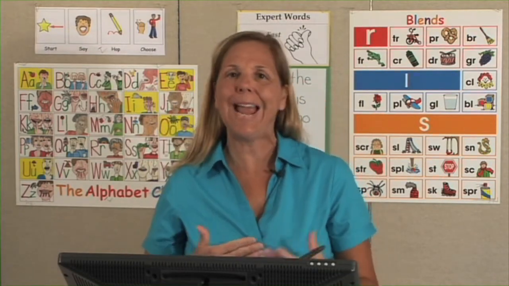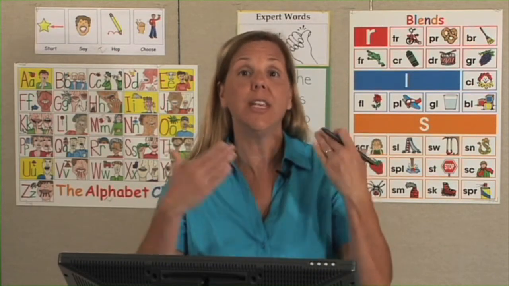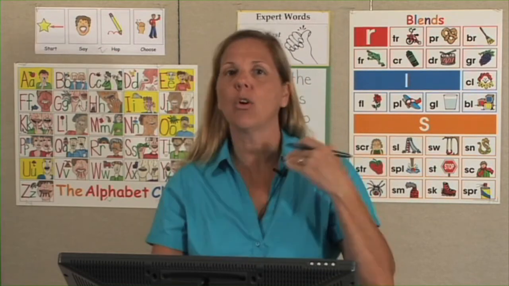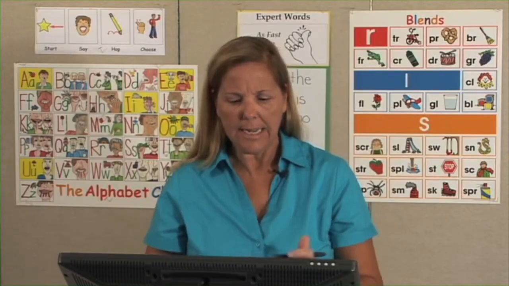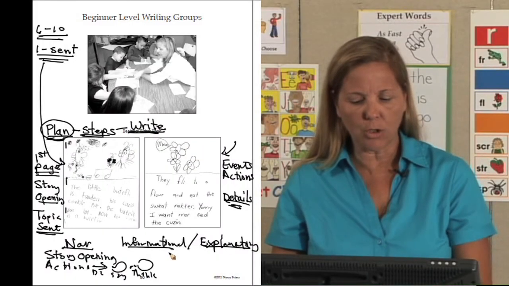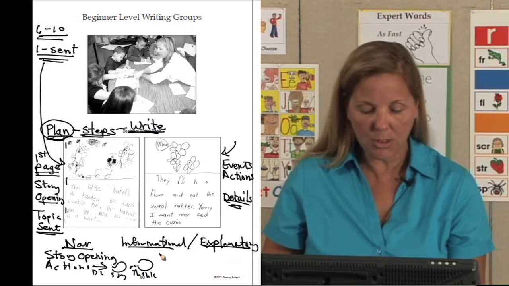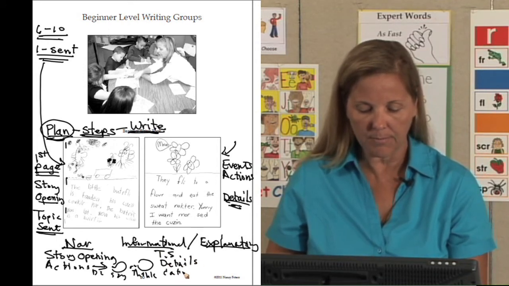We will not be adding quotation marks at this point. They'll just learn these different types of actions, dialogue, or thoughts in their writing, but they won't learn those mechanics yet. If you look at the informational explanatory, if it's informational writing, that means we're going to have a topic sentence and details, but the details will be organized in categories.